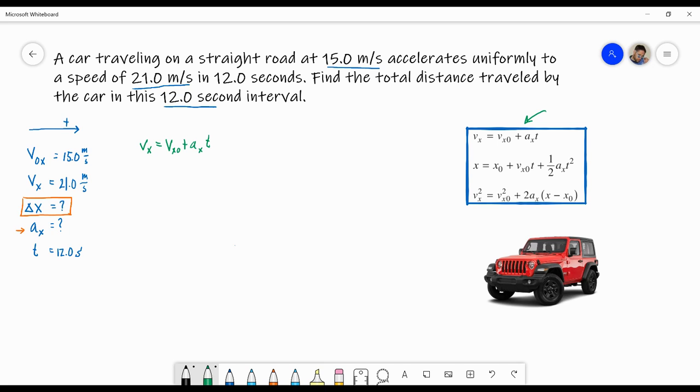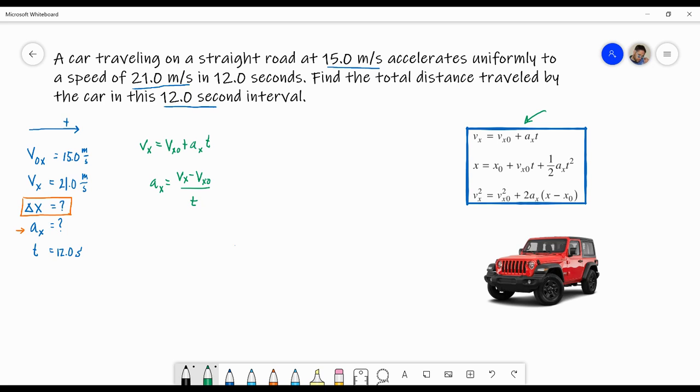So to solve for acceleration, I need to get this initial velocity to the other side. I also need to move my time to the other side. So if I move this over and I move my time over, I end up with Vx minus Vx naught all over t.